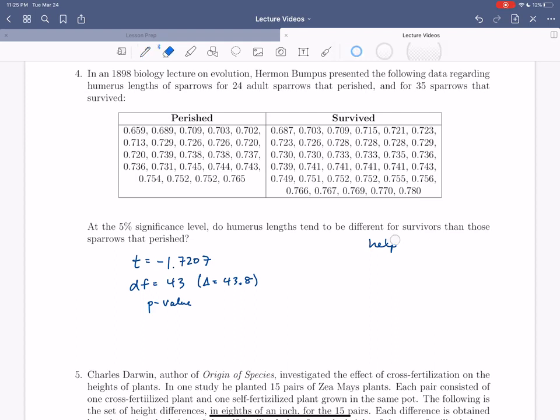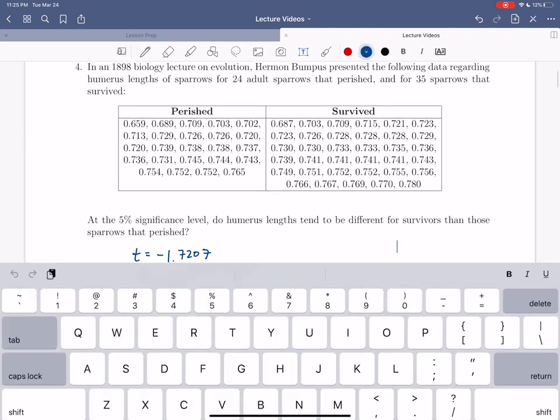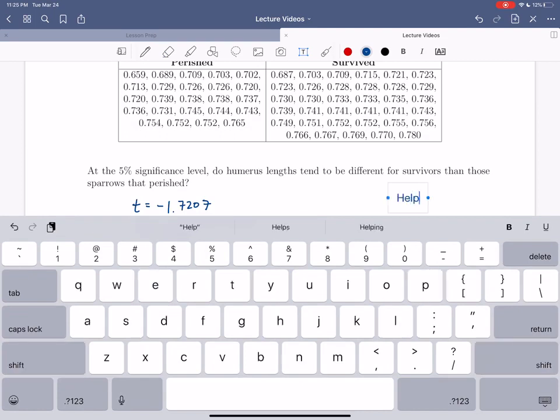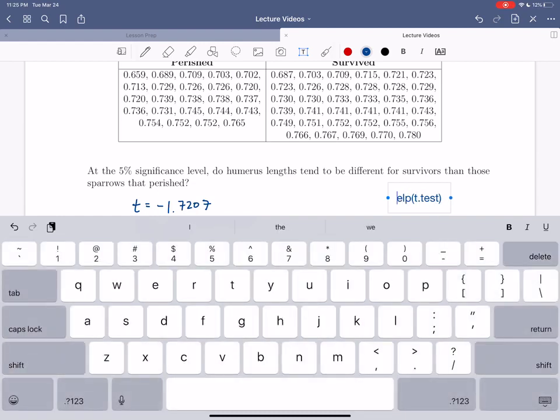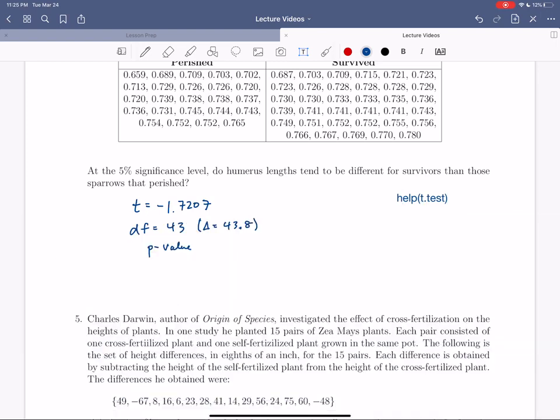Let me just write this a little bit more legibly. And I don't know why my iPad is really into capitalizing, but there should be a lowercase help.